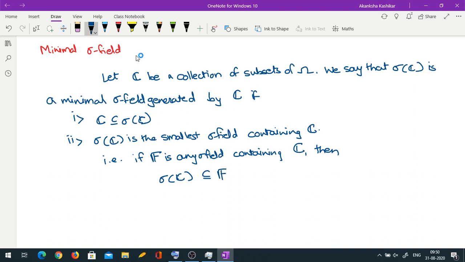Sigma C is the smallest one. So sigma C has to be a subset of any other field containing C. This is the definition of minimal sigma field.